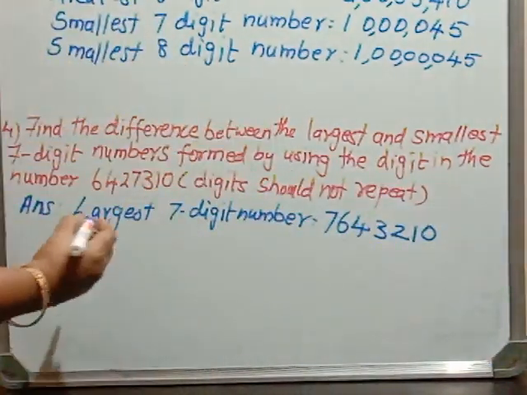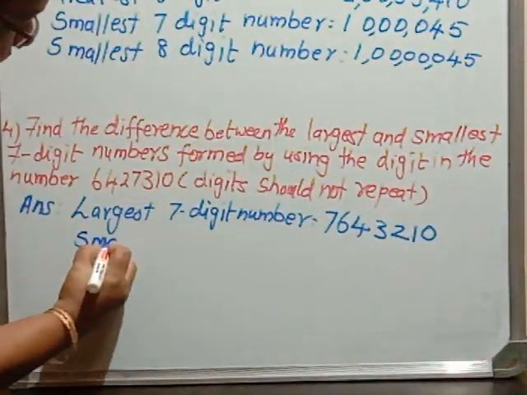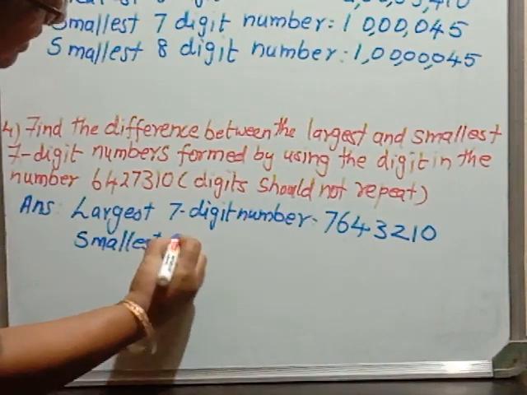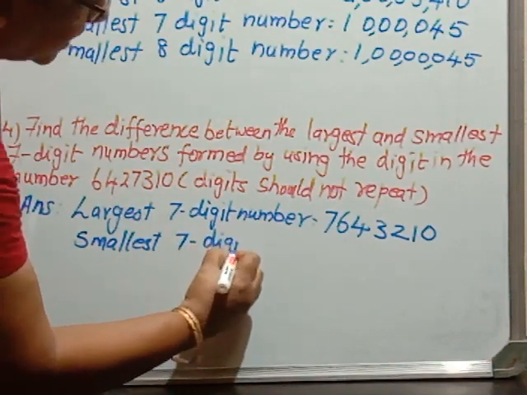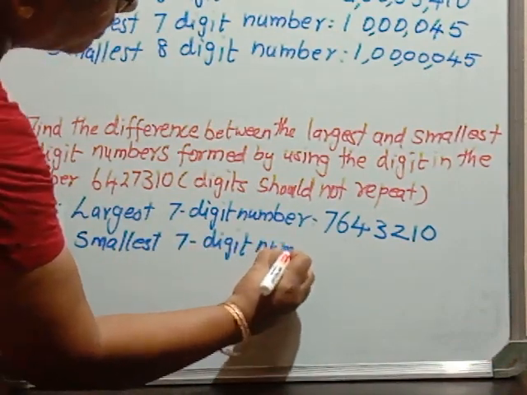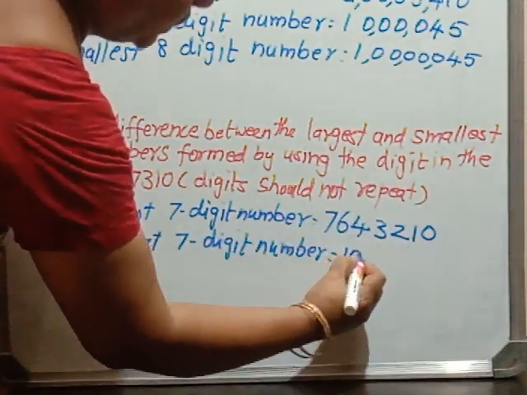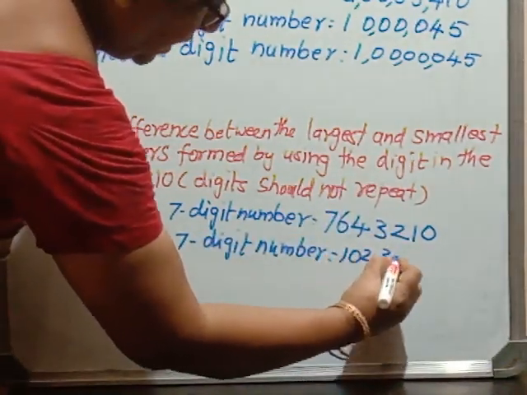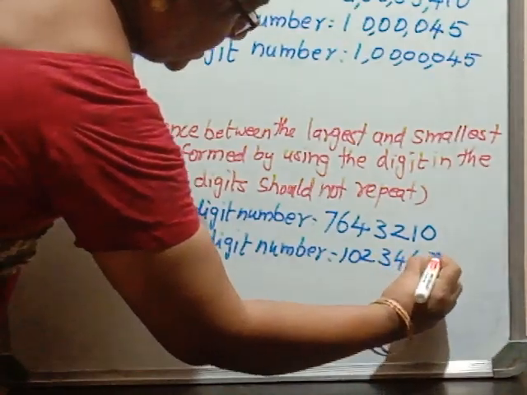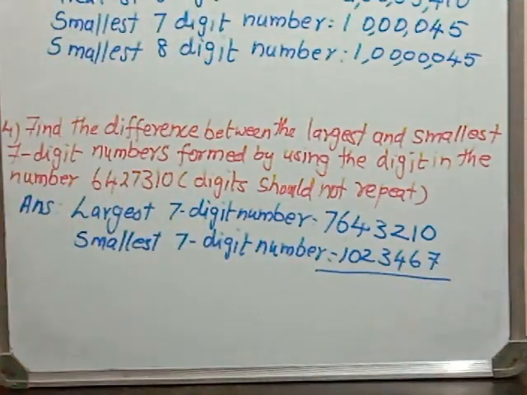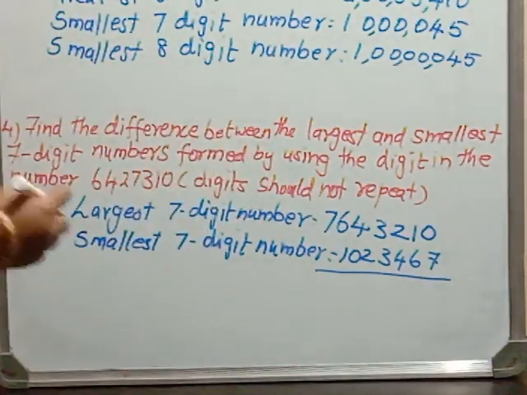With the help of the same number, we have to find out the smallest 7-digit number. You write 1, 0, 2, 3, 4, 6, 7. Now we have the largest 7-digit number and smallest 7-digit number with the help of the given number.